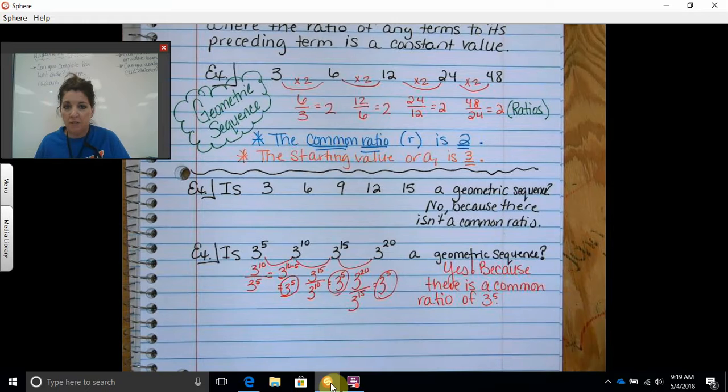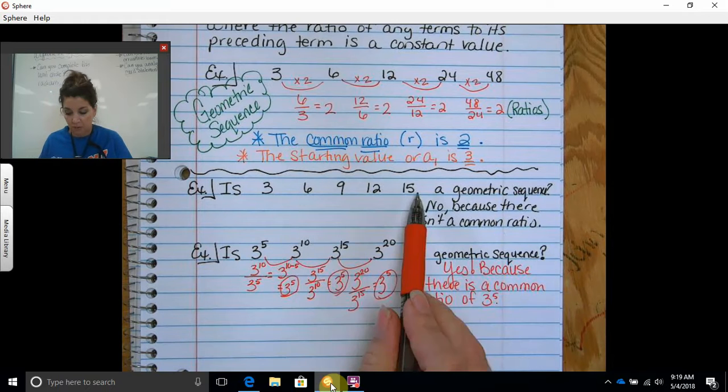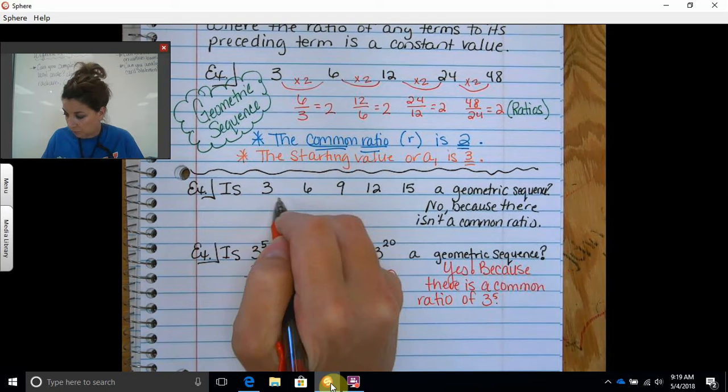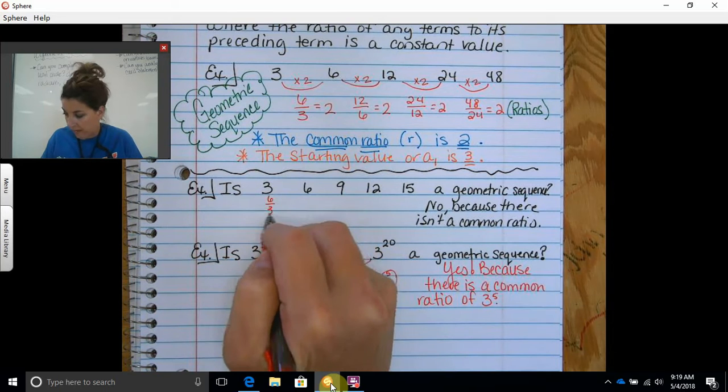I'm going to go ahead and make my notes complete. I'm going to write the ratios up above so that we have them.